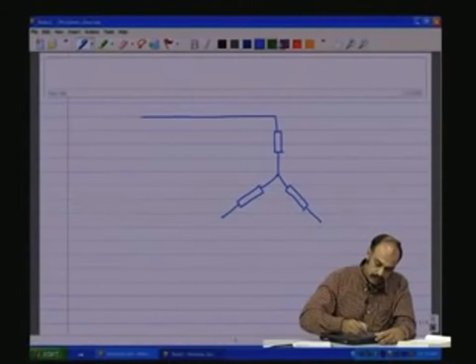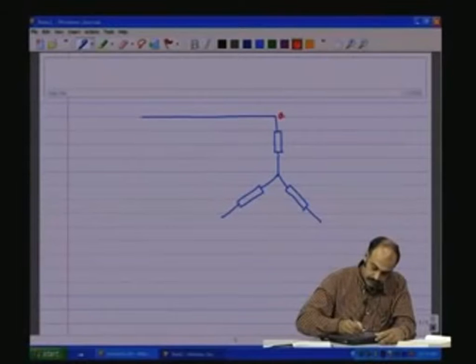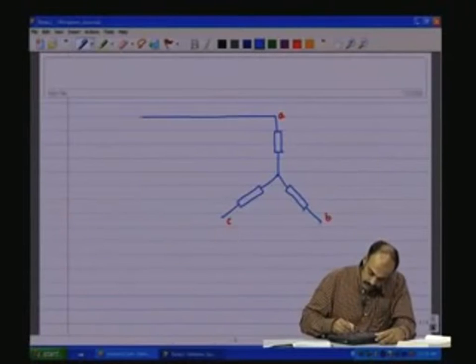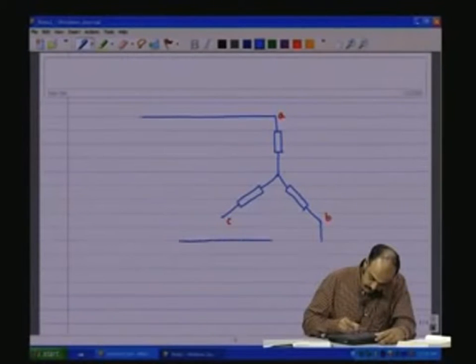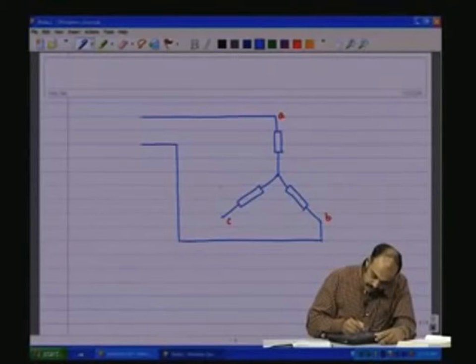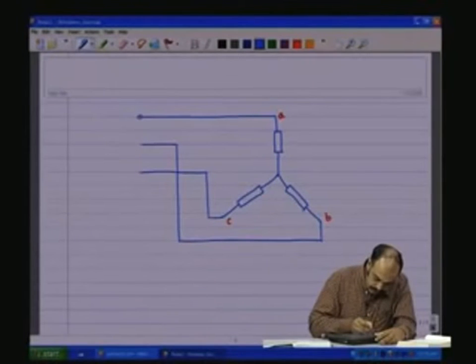Let us call this A, B, C as usual, and we take the B phase and give it here, and we take the C phase and give it to the 3 terminals.